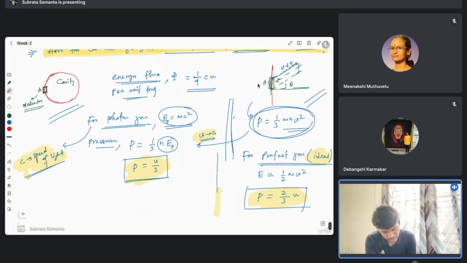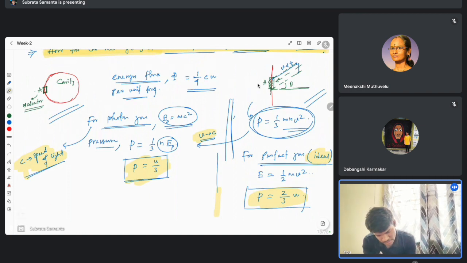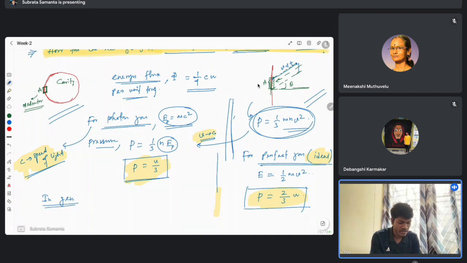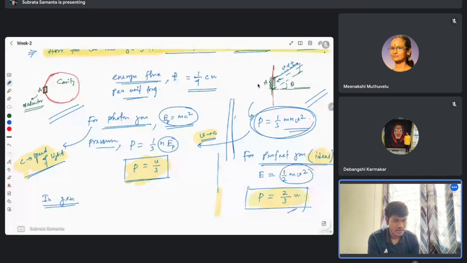So in general, this actually comes from the dispersion relation. So look, what is the difference? The difference is the energy, right? If the energy is mc square, then there is a 1 by 3. If the energy is half mv square, then there is a 2 by 3. But how does this energy come?